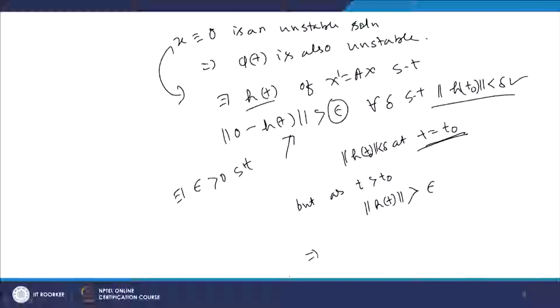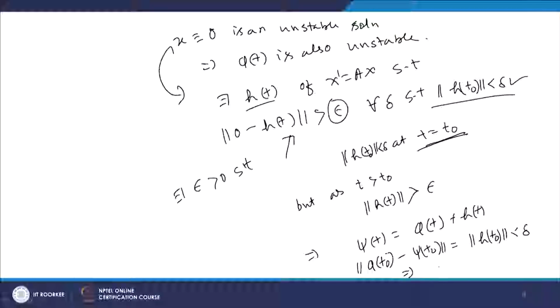For that we simply consider one solution psi t as phi t plus this h t which we have taken here. Since h t is one such solution and phi t is already known, psi t is one solution of x dash equal to a x such that norm of phi t naught minus psi t naught, which is nothing but h of t naught, is less than delta.